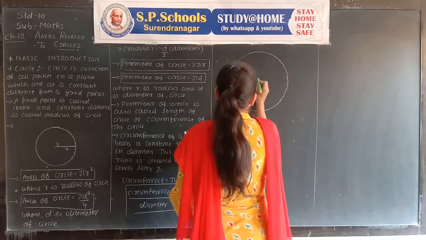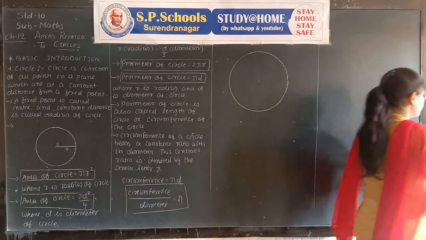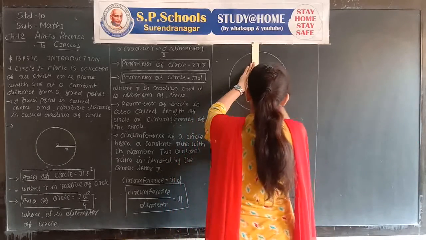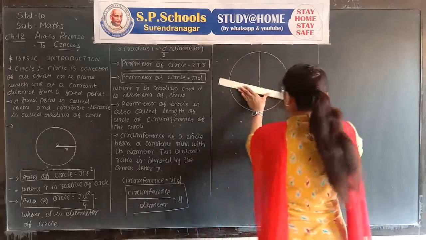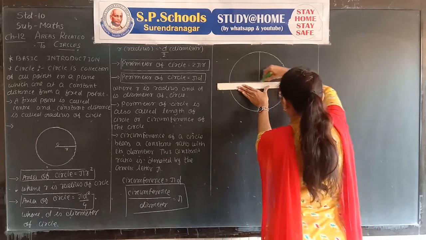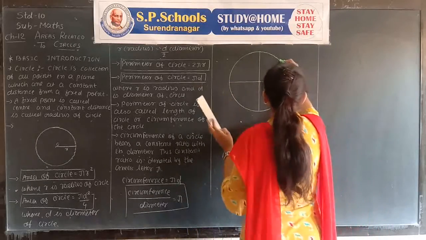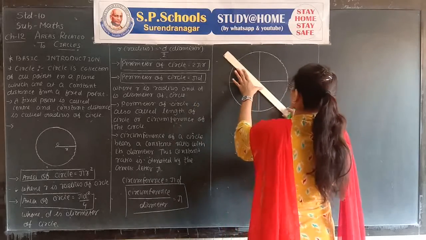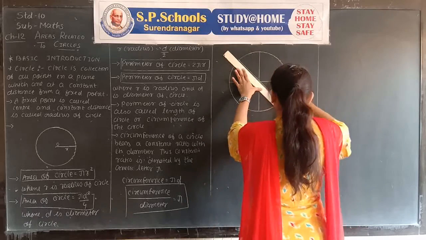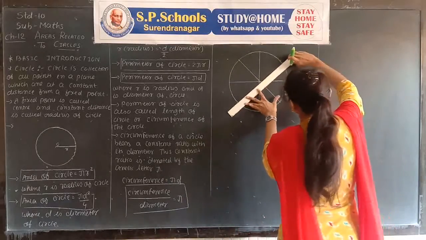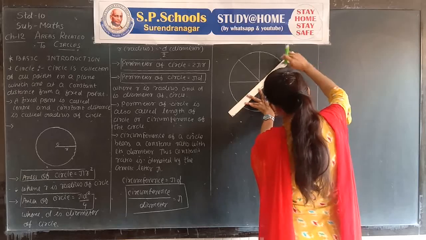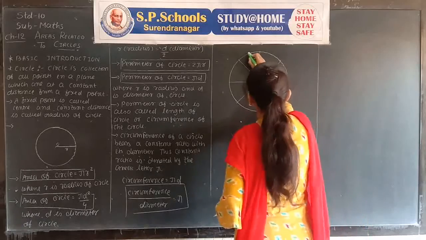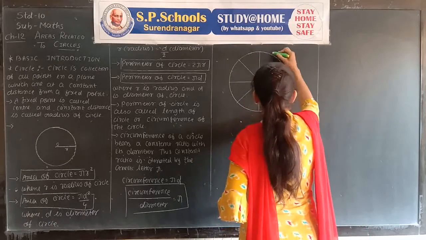A circle with center O. We divide this circle into 16 equal parts. Eight parts, further divide them into two parts.